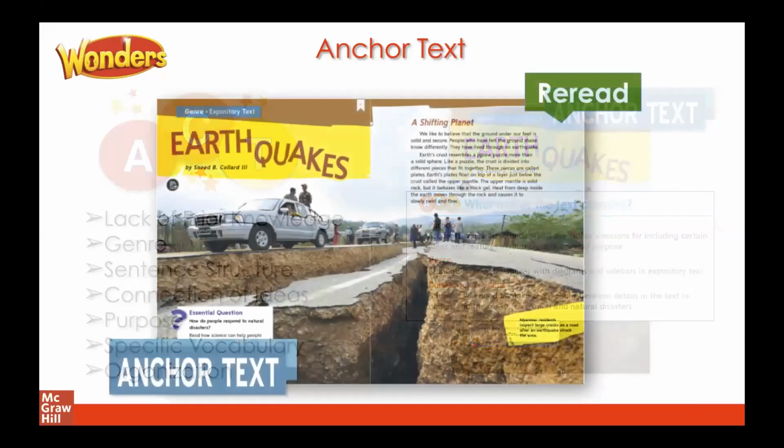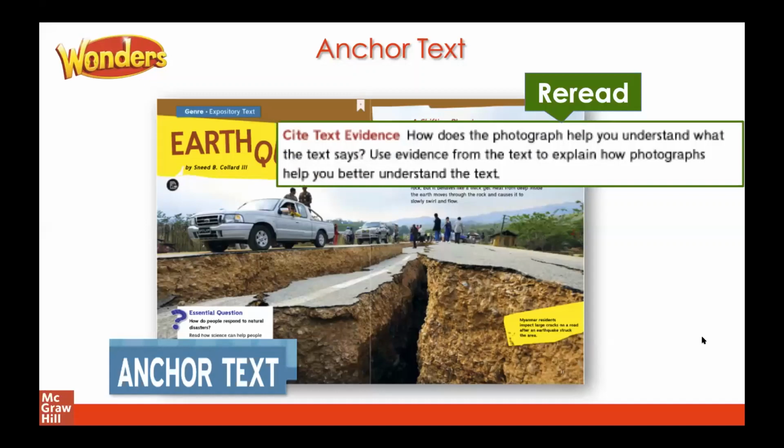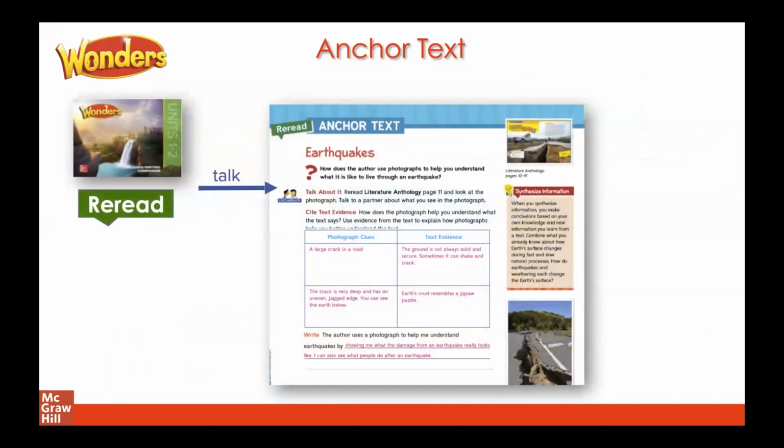Okay. Now, as we continue through, again, we're going to be seeing support for that close reading routine. And so we're going to have reread prompts as well as questions within the student's reading companion that are going to focus on text evidence. We have an example up here right now where we have a prompt for our students, and then we're going to take them through a talk, cite, write format, where students are able to collaboratively discuss with their peers what their thoughts are in response to that prompt.